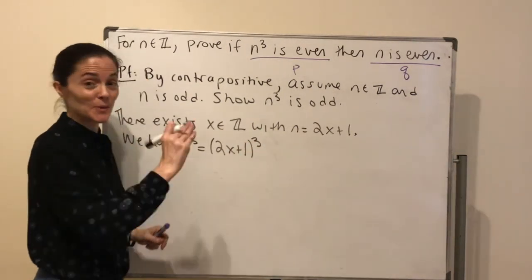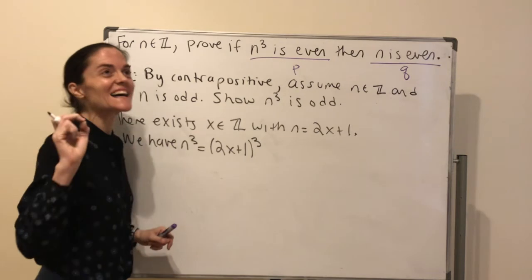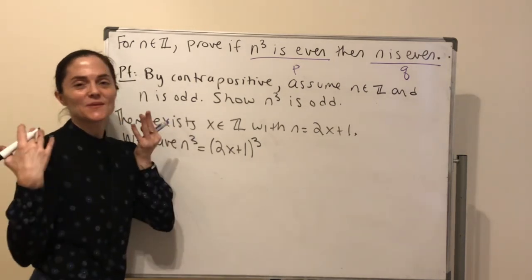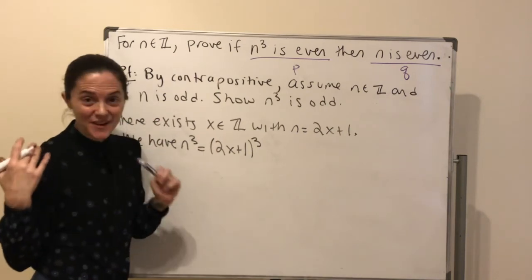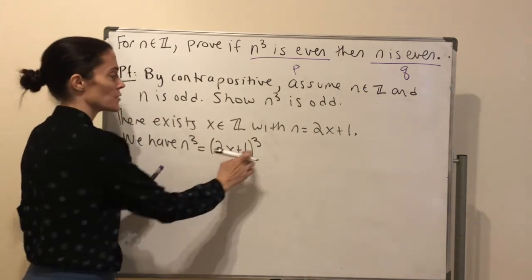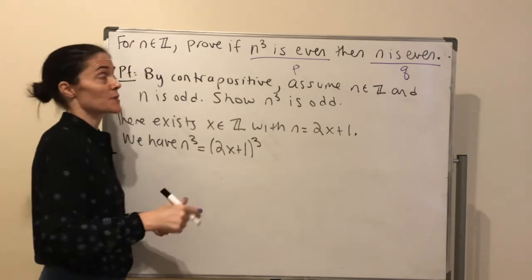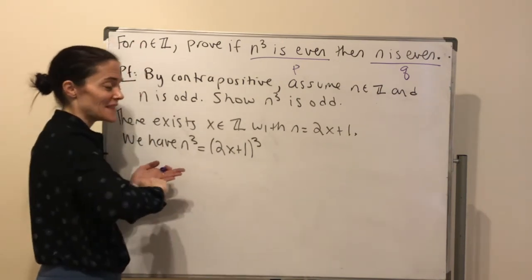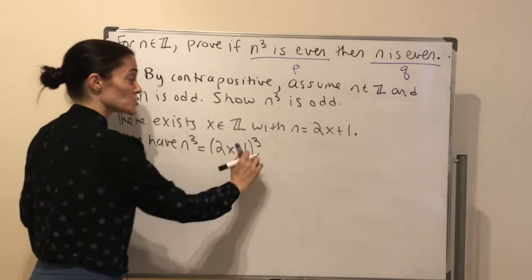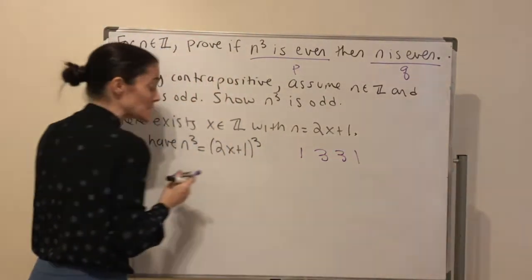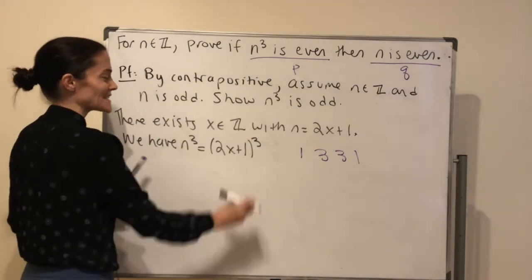I could multiply all this out, but since we have discussed counting and binomial theorem, we can just use that here. If you remember the binomial coefficients for 3 choose k, or the row in Pascal's triangle, it went like this: 1, 3, 3, 1. These will be my coefficients when I expand this.